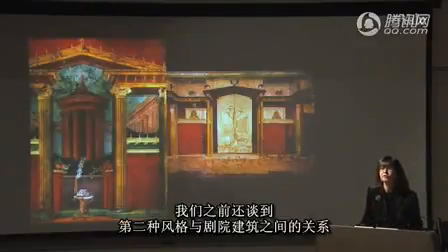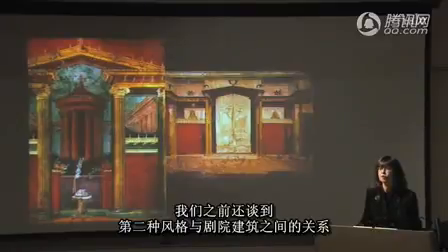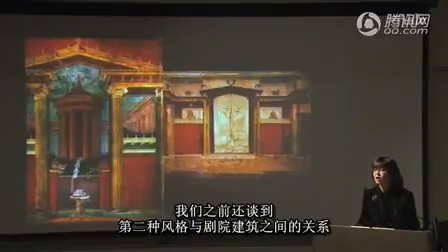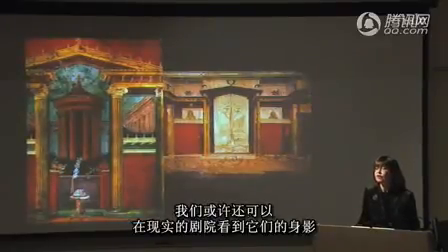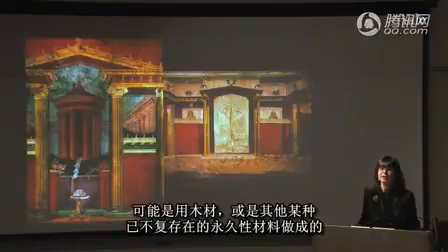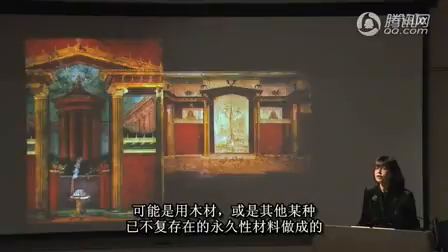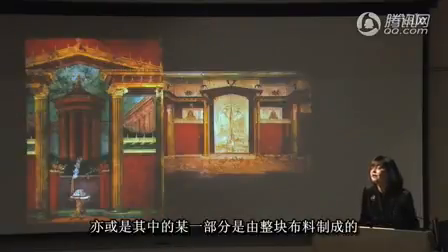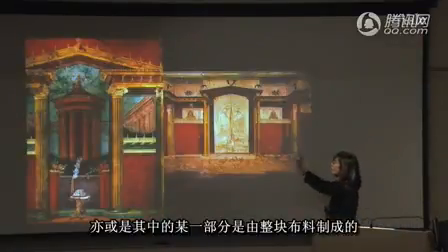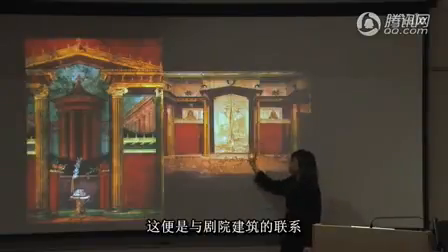We also talked about the relationship between 2nd style Roman wall painting and theatrical architecture. They may have been looking at actual theaters, possibly in wood, possibly in other more permanent materials that no longer survive, or they may have been creating this in part out of whole cloth. So, this connection to the theater.